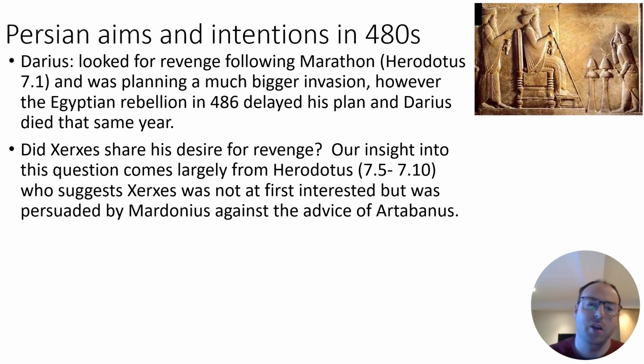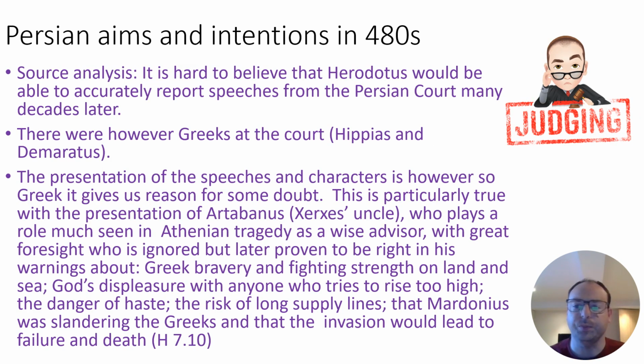Now, Mardonius was involved earlier with a failed mission into Greece, so maybe, again, revenge is big for him. He wants to leave his mark and be successful this time. And we then have this other character, playing seemingly the voice of reason and trying to dissuade Xerxes.